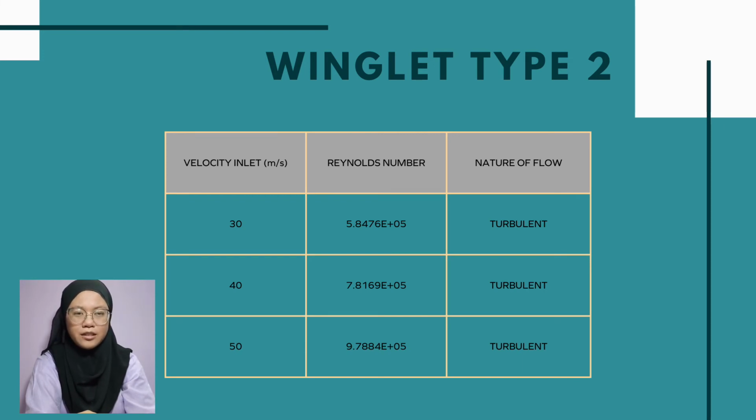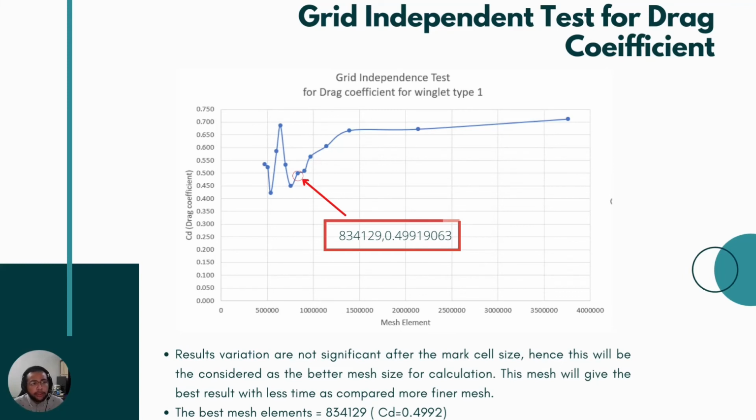The grid-independent test derived for each analysis target is listed in a graph with the parameter of drag coefficient. All the optimal mesh elements were solved in ANSYS Fluent software by mesh sizing ranging from 0 to 30 number of divisions. Therefore, the best parameter to select the mesh element in this study was the drag coefficient compared to lift force, due to no rapid variation in the facet area average lift force value.